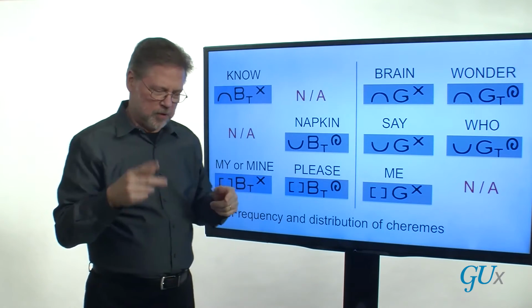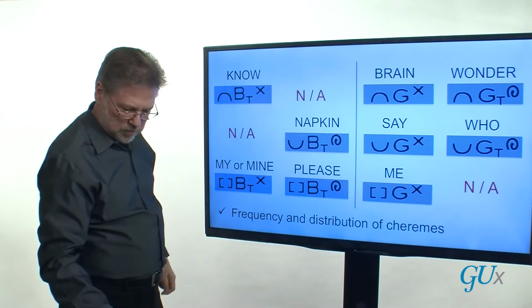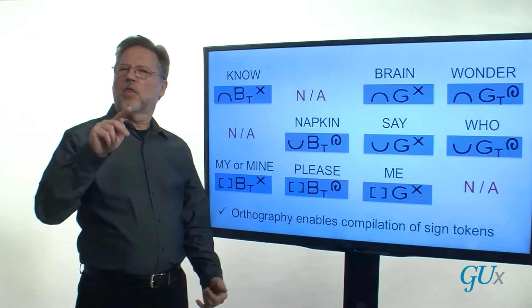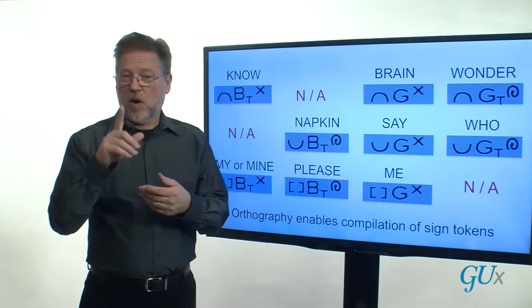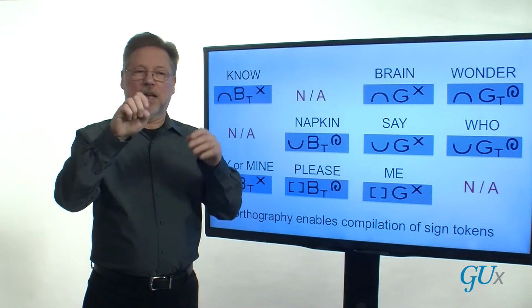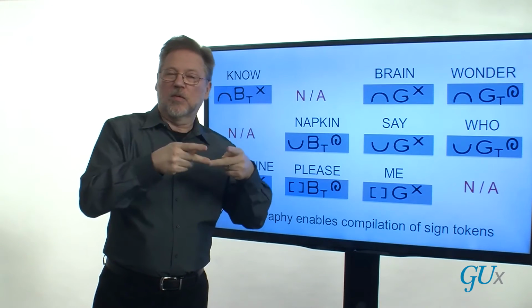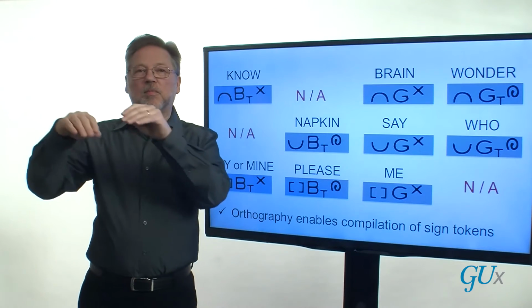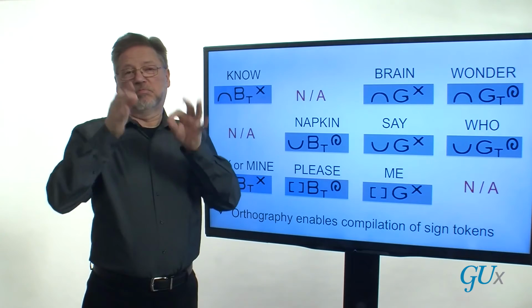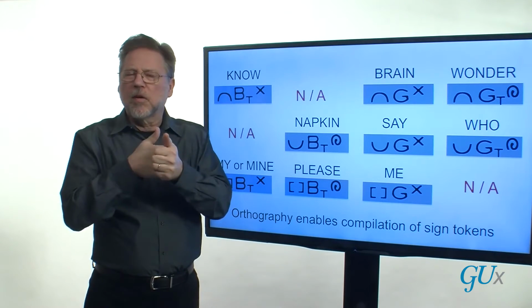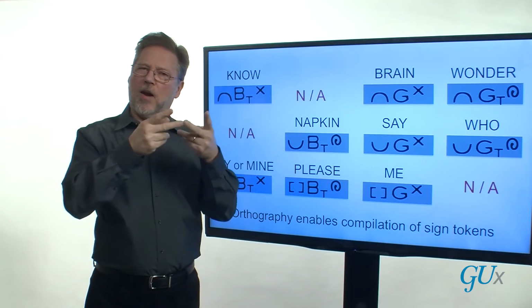First, I'll show you that their orthography enables compilation of sign tokens. Orthography is not just about the template with its slots and deciding what goes first, location, hand shape, then movement. Stokoe decided on that order for the notations because he wanted location to be first.